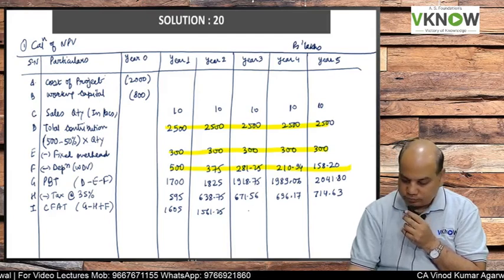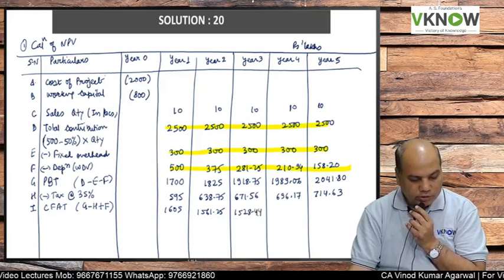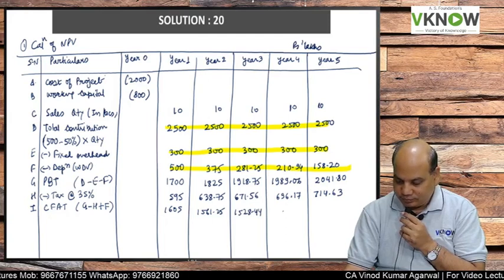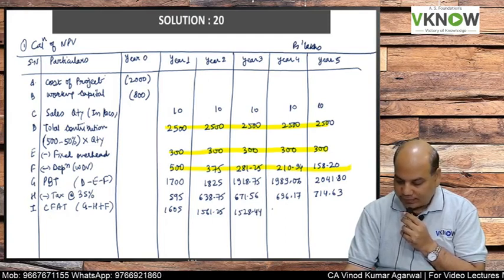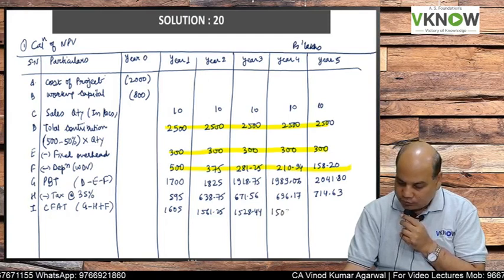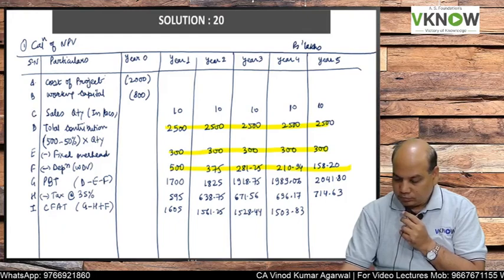Next one. 1528.44. Very good. Next. Next one. 1503.83. Last one.